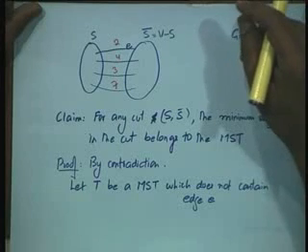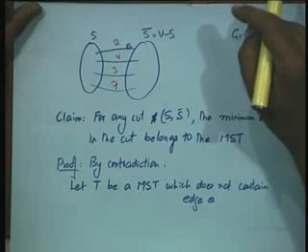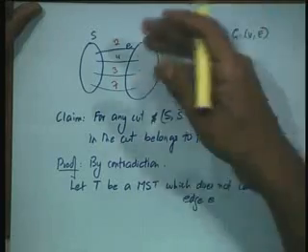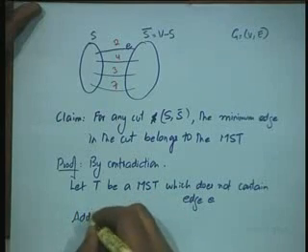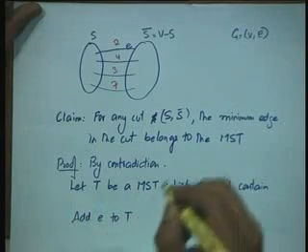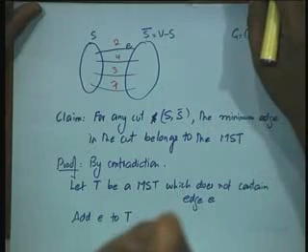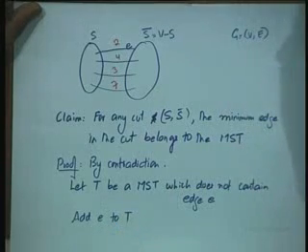What will I do? So to have the vertices joining from this to this, we will use any of these vertices. I will add E to T, what will happen? A cycle will be formed. Yeah.